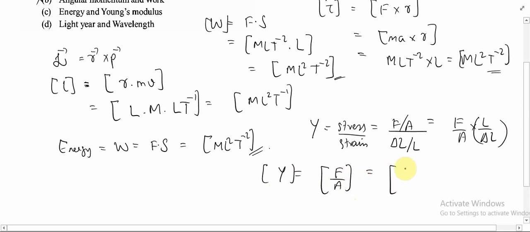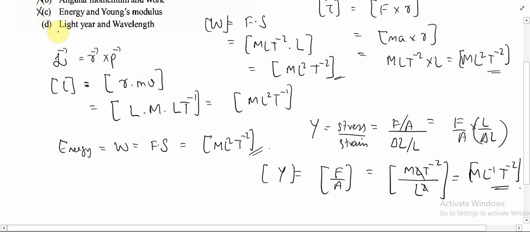We know the dimension of force is M L T power minus 2 and the dimension of area is L square. So we can cancel the L from both sides, and this will be M L power minus 1 T power minus 2. Now you can check the Young's modulus with the energy. Both the dimensions do not match, so that is also not correct.